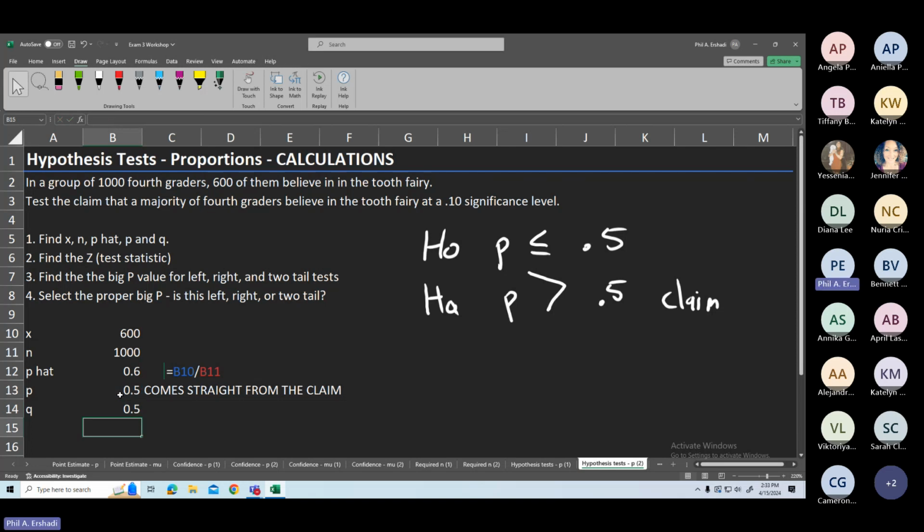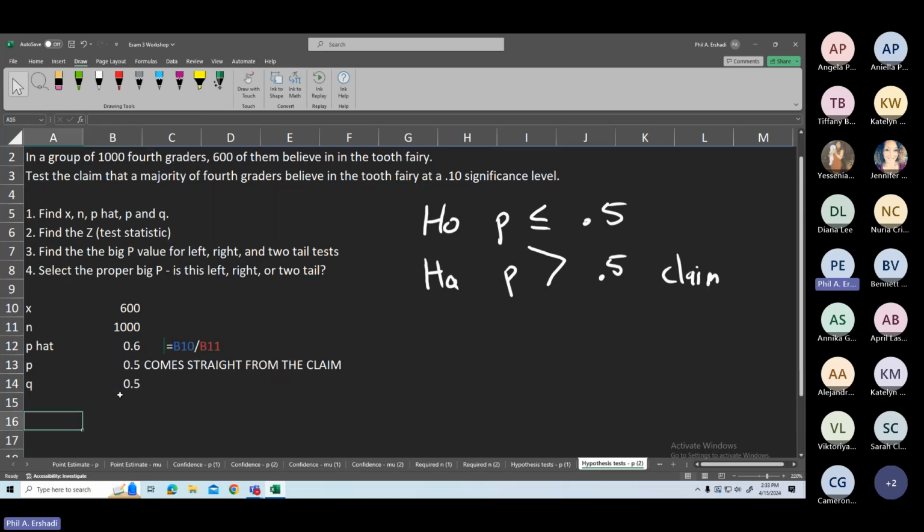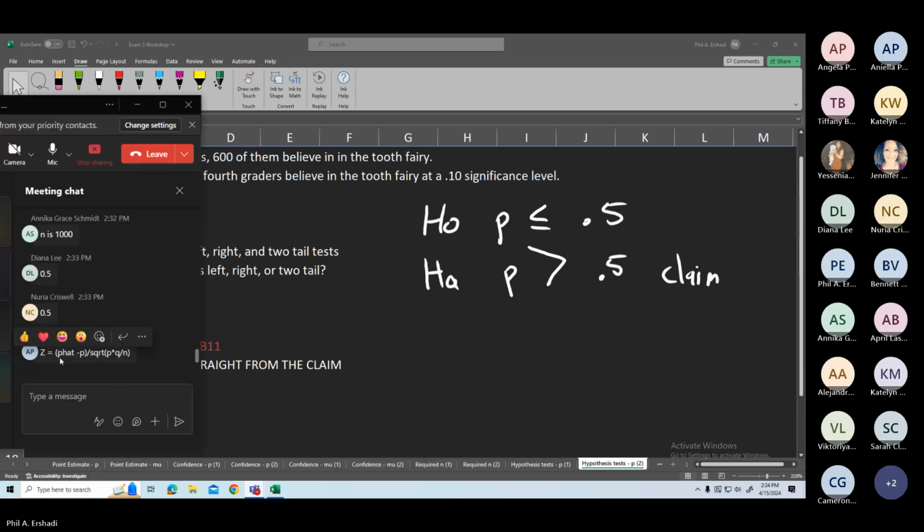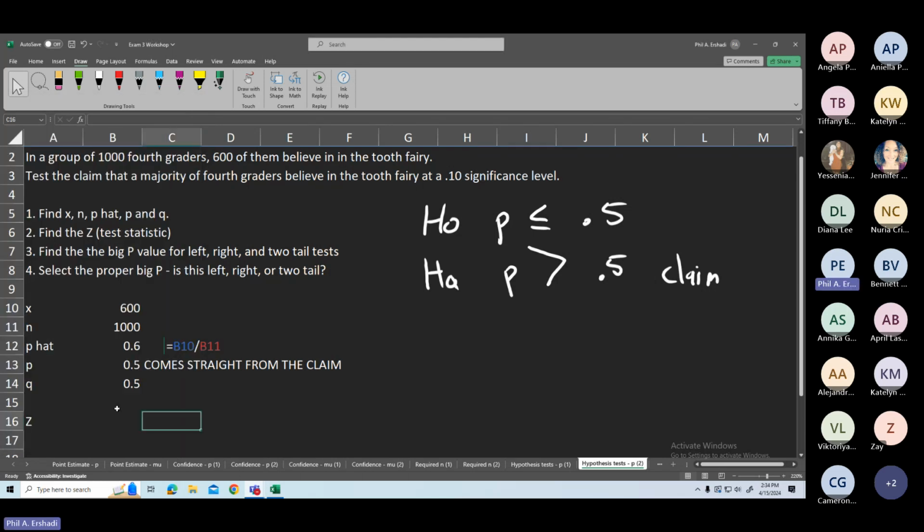So now we got everything we need. So who can tell me what the formula is to find Z? P hat minus P divided by square root of P times Q divided by N. Very good. I think you knew I was headed there. You typed that in real quick.